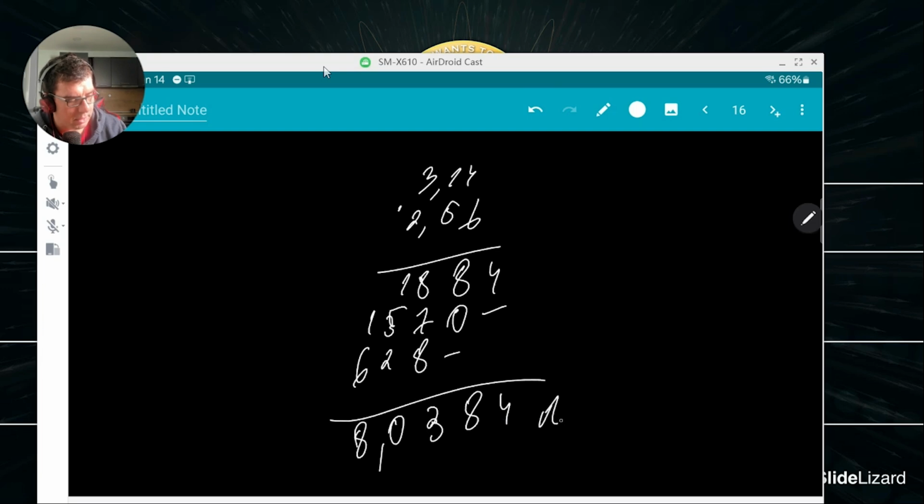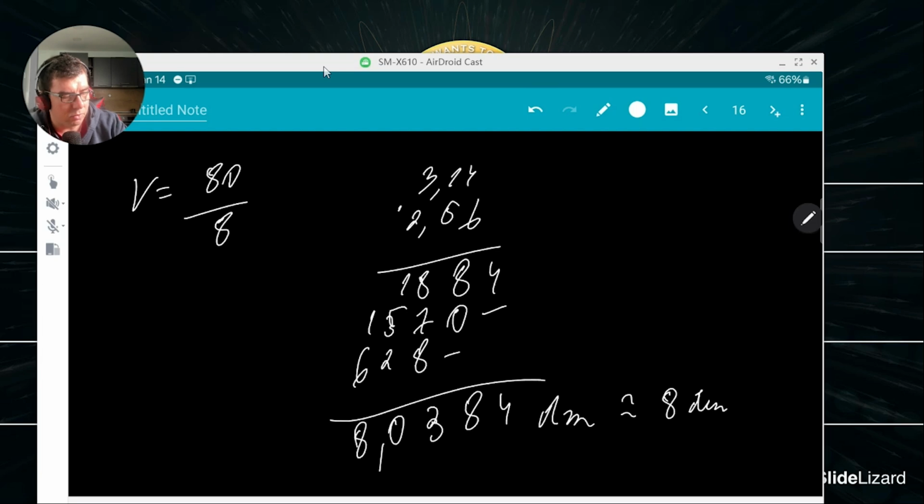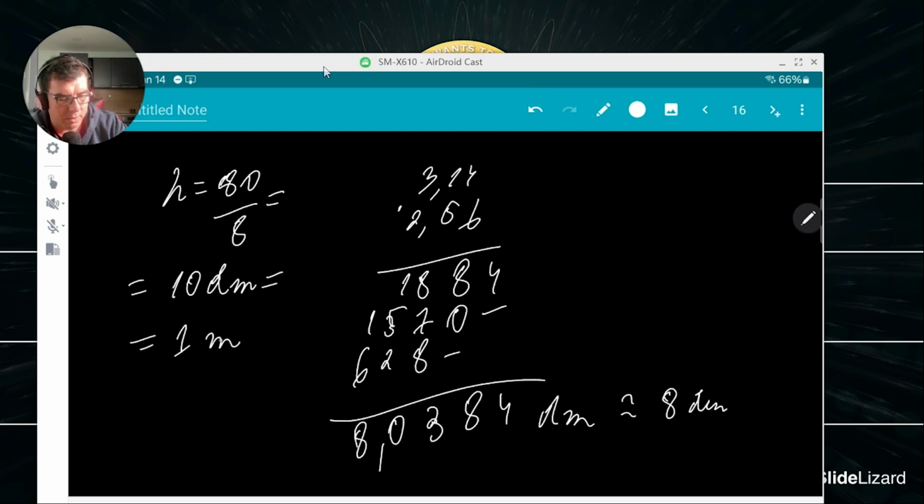So this is 8.0384 decimeters, which is approximately 8 decimeters. So the height is 80 over 8, which is 10 decimeters, which is 1 meter, and that's the answer.